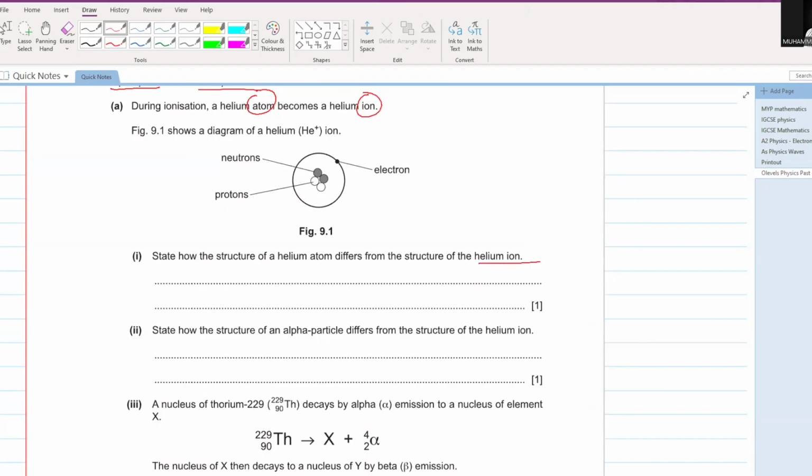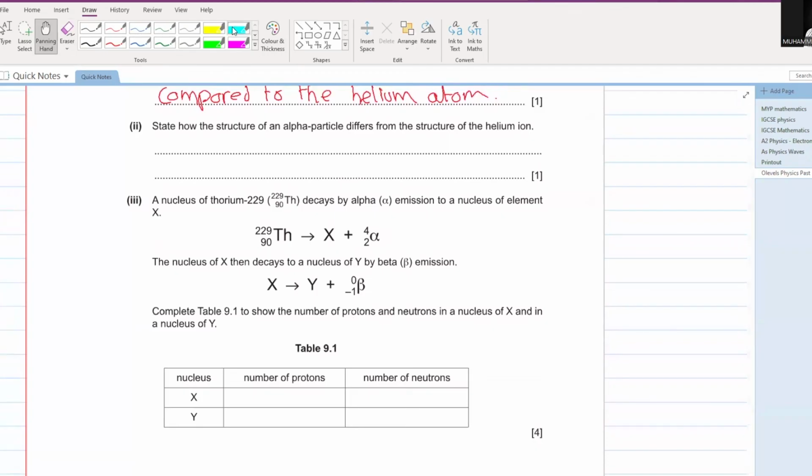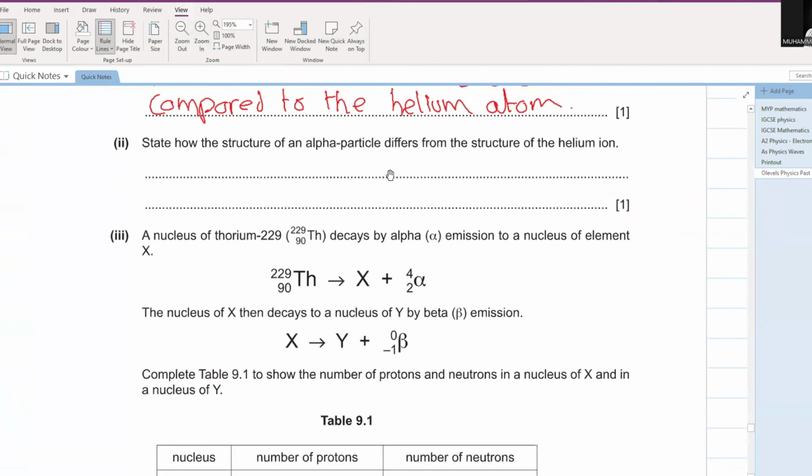Helium ion में you will have one electron and two protons, or you can further say helium ion has one less electron compared to the helium atom. Perfect. State how the structure of an alpha particle differs from the structure of a helium ion.